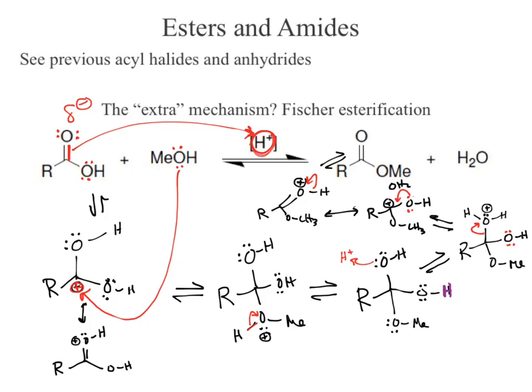You don't have to draw mechanisms, but they could ask which of these are valid structures in the process of making or doing this conversion. And they could throw in structures that are valid with negative charge if you ran under basic conditions. So you do have to be familiar with how the reactions work and what individual steps you process through.